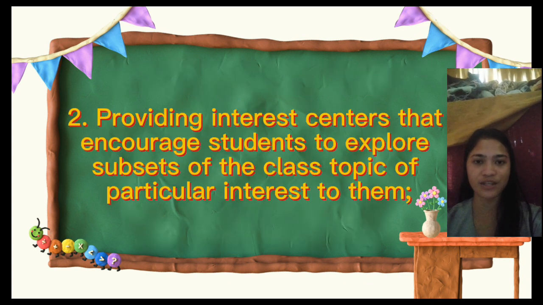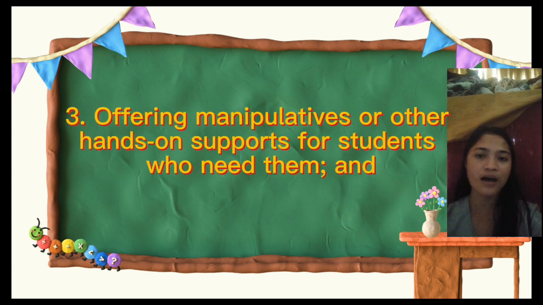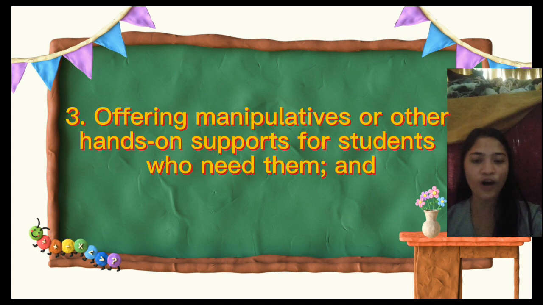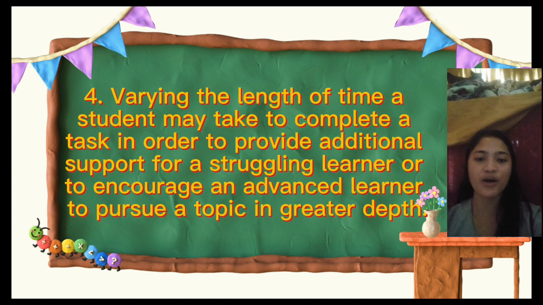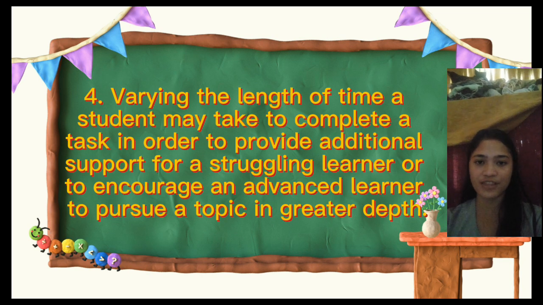Providing interest centers that encourage students to explore subsets of the class topic of particular interest to them. Offering manipulatives or other hands-on supports for students who need them, and varying the length of time a student may take to complete a task in order to provide additional support for a struggling learner or to encourage an advanced learner to pursue a topic in greater depth.